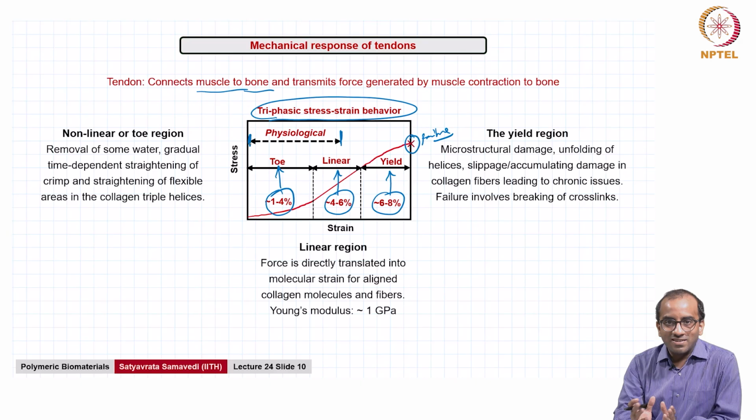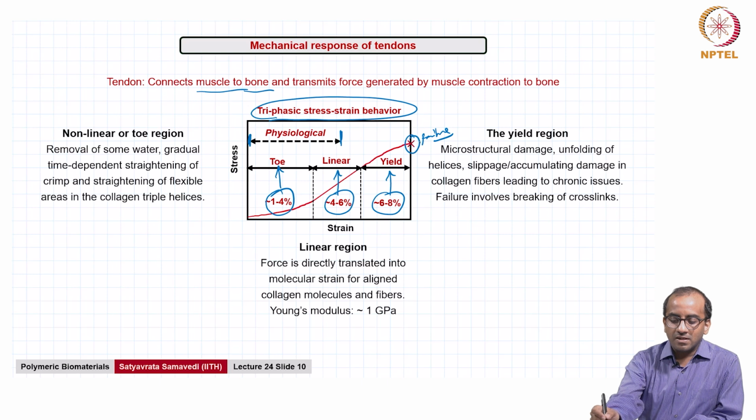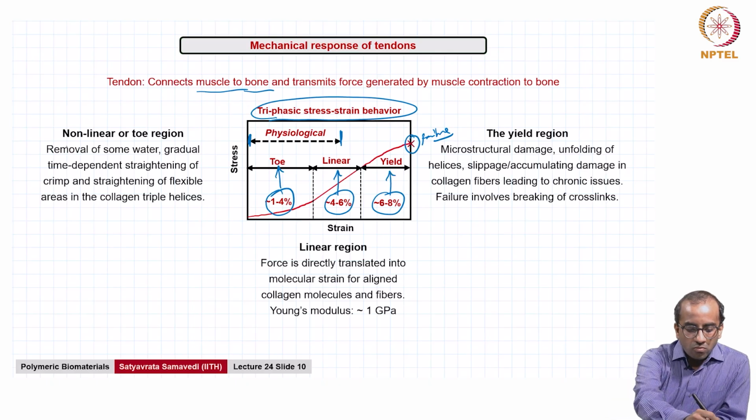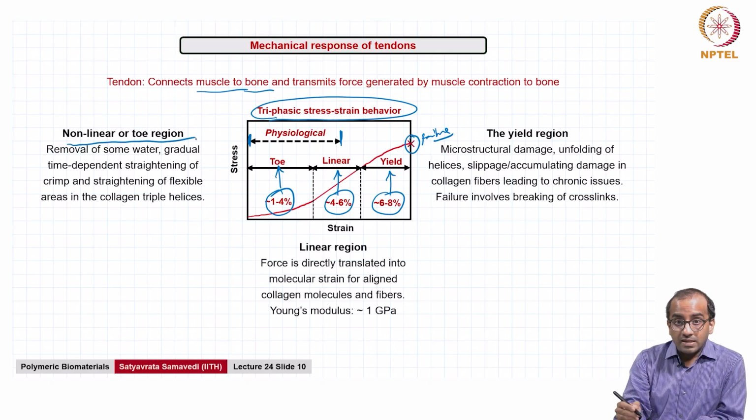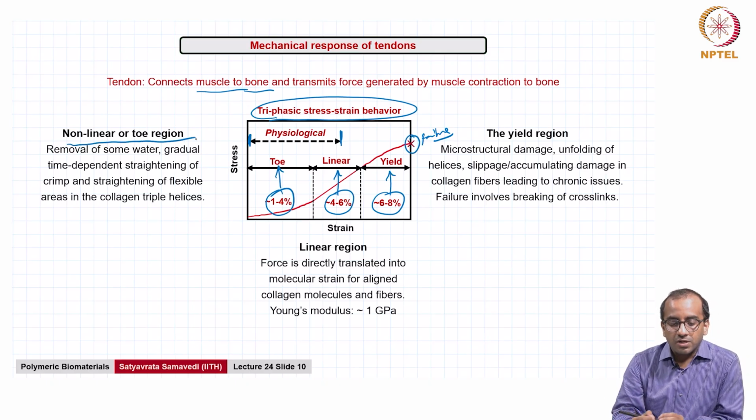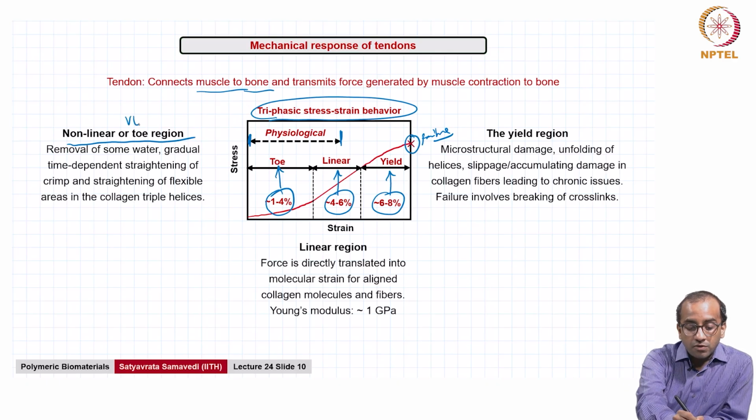You're still within the linear region. That's the point we're trying to make, even for extreme physiological loads. Of course, if you go to the yield and beyond 8-10% strain, you're going to rupture, right? So the first thing you note is that there exists a non-linear toe region, and this is another very key aspect of viscoelasticity.